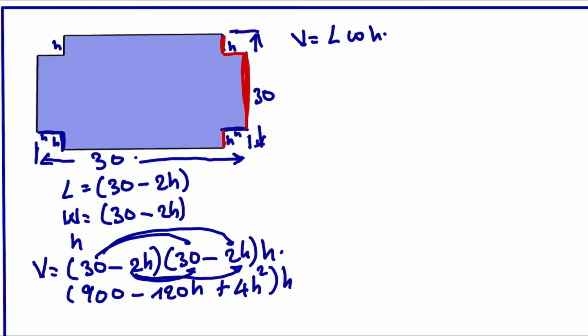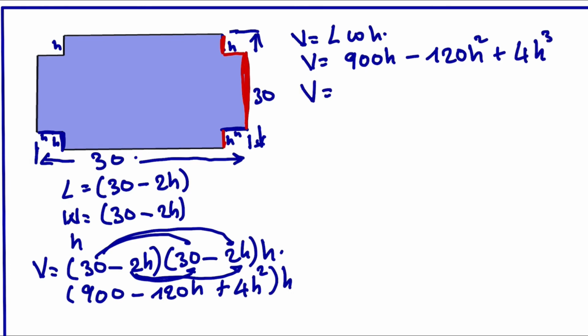If we multiply all of these by h, we are going to have V equal to 900h minus 120h squared plus 4h cubed. Let us arrange this according to power: 4h cubed minus 120h squared plus 900h.